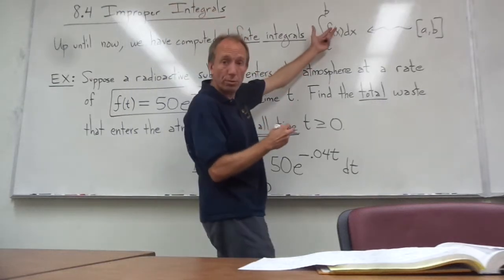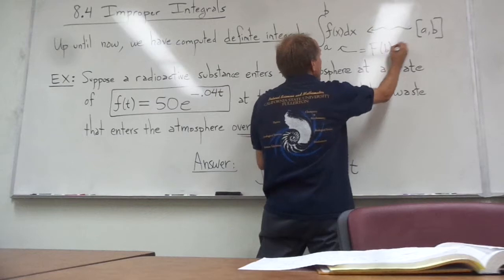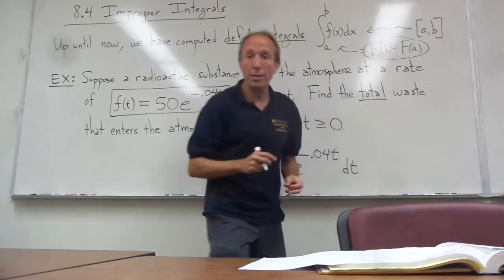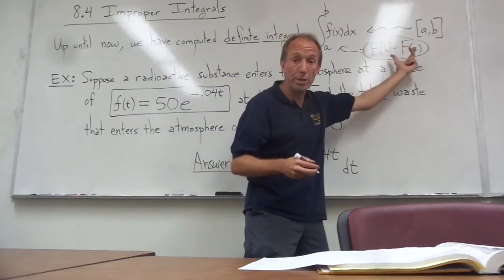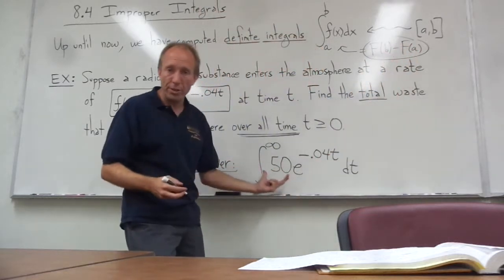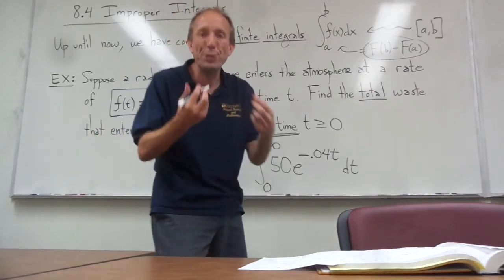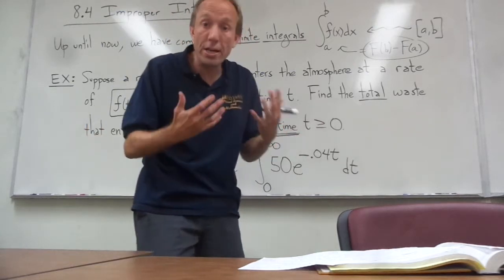When you do this integral right here, of course you're going to just take an antiderivative and evaluate it at the upper limit and lower limit, and subtract. That's going to be some particular number. These improper integrals can actually fail to exist. They can actually give you values that are not numbers.